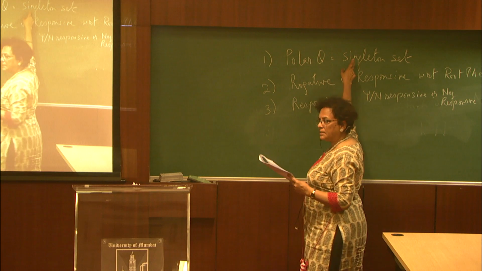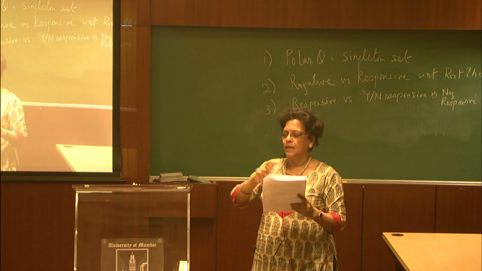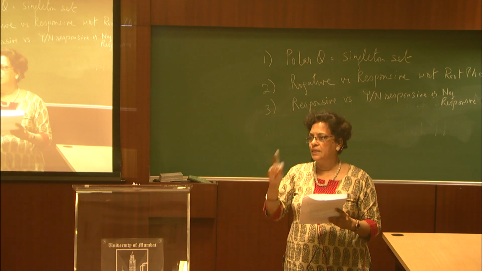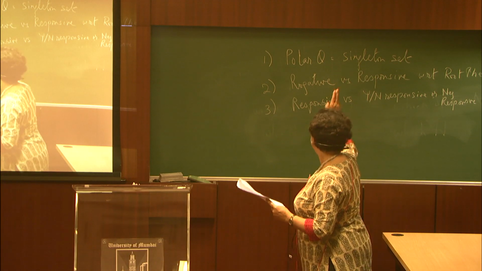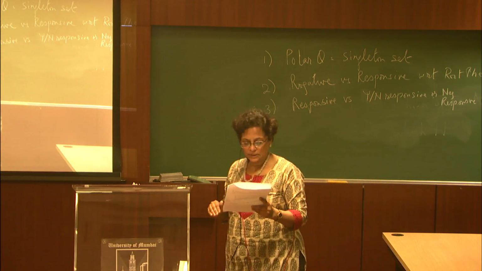Polar questions are singletons, alternative and WH questions are multi-membered sets. What we have seen is polar kya goes with yes-no questions. It doesn't go with WH questions, right? So far we can say it goes with singleton set questions, not with multi-membered set questions.